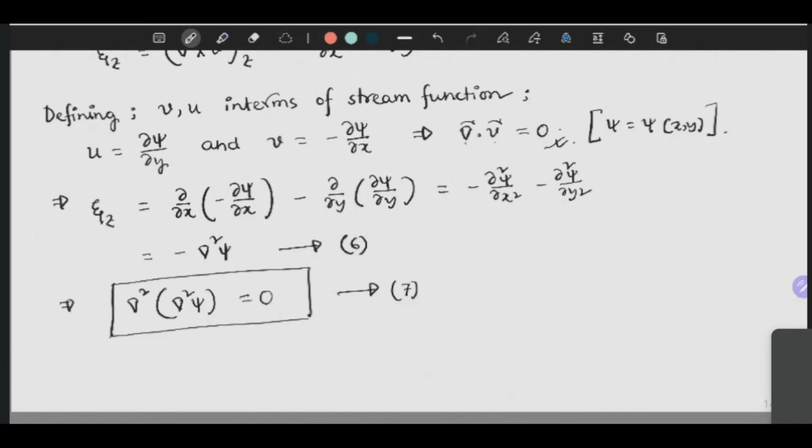Okay. So now this is a coordinate system.